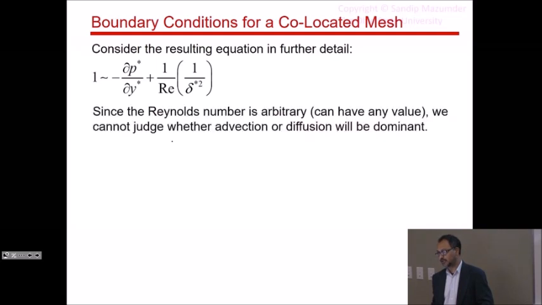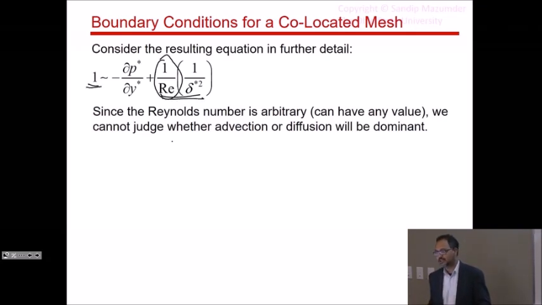Now, since the Reynolds number is arbitrary, this can be anything. We cannot judge whether the advection or the diffusion term will be dominant. In other words, we can't say this term is larger than that or smaller than that. It will depend on the Reynolds number.